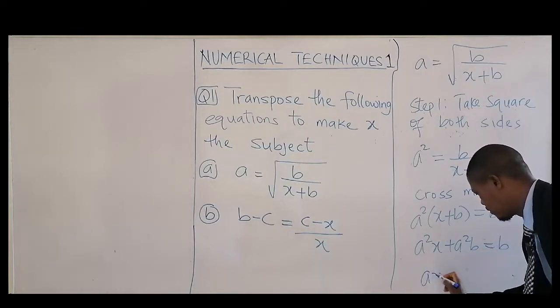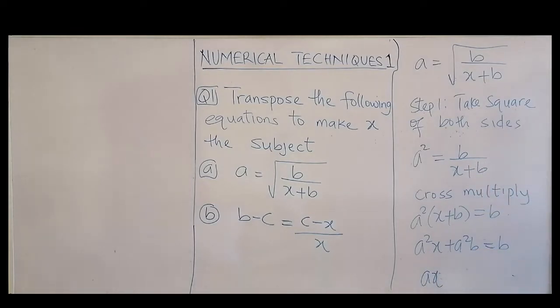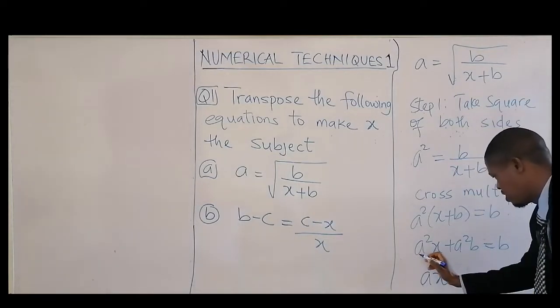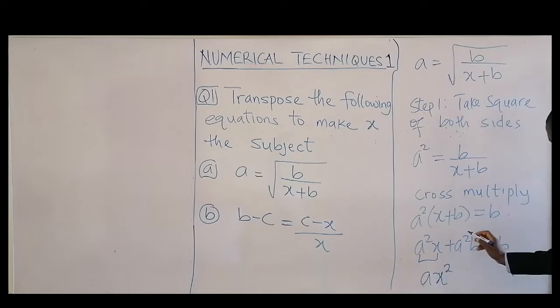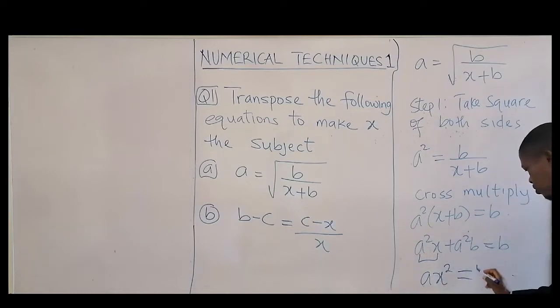Then ensure that x is only here. We only have one of these standing alone, and move this one to the other side, and that will be equal to b minus a squared b.